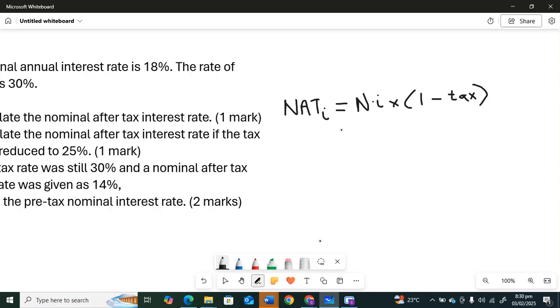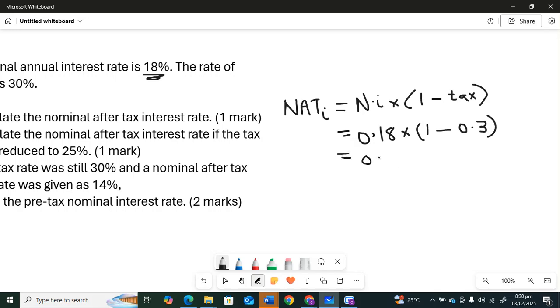So in this case, our nominal interest rate is 18%. We convert it into a decimal, that is 0.18, multiplied by 1 minus the tax rate. In the question, the tax rate is 30%, so we say 0.3. So the percentages, you convert them into decimals.